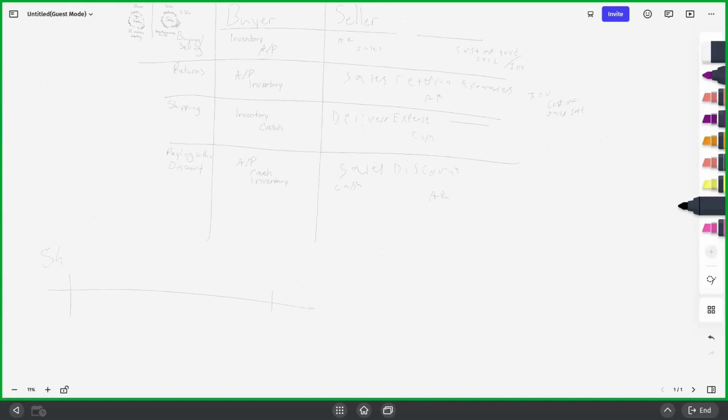If you have shipping point here and destination here, as a buyer we know that we're not responsible for destination because it changes hands once it gets home. But if it's shipping point, the moment it leaves the factory, we're responsible for it. We're basically paying the shipping.